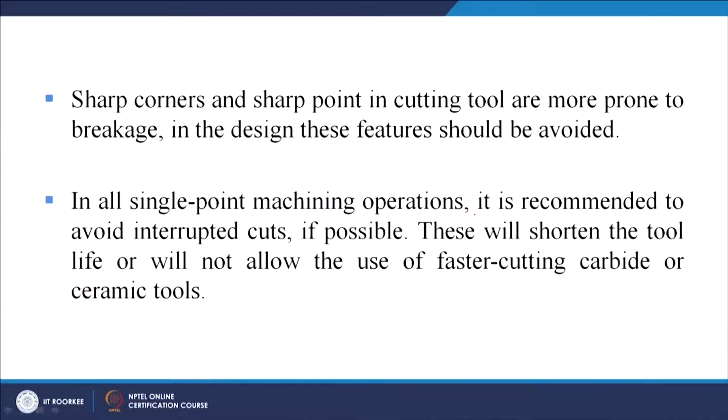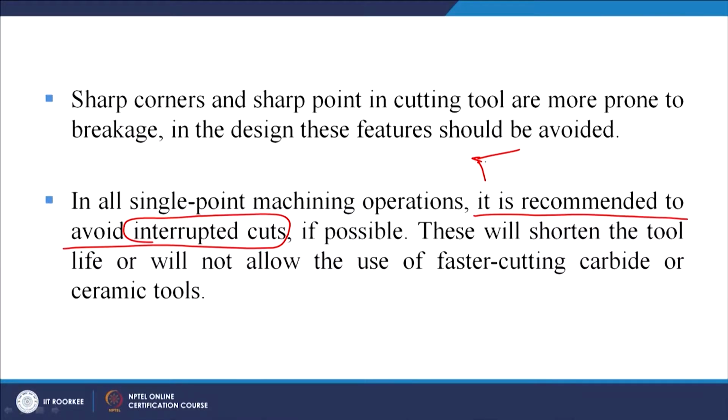In all single point machining operations, it is recommended to avoid interrupted cuts. Why? Because these will shorten the tool life or will not allow the use of faster cutting carbide or ceramic tools, which may fail under interrupted cutting. Maybe this is the point of the cutting tool.